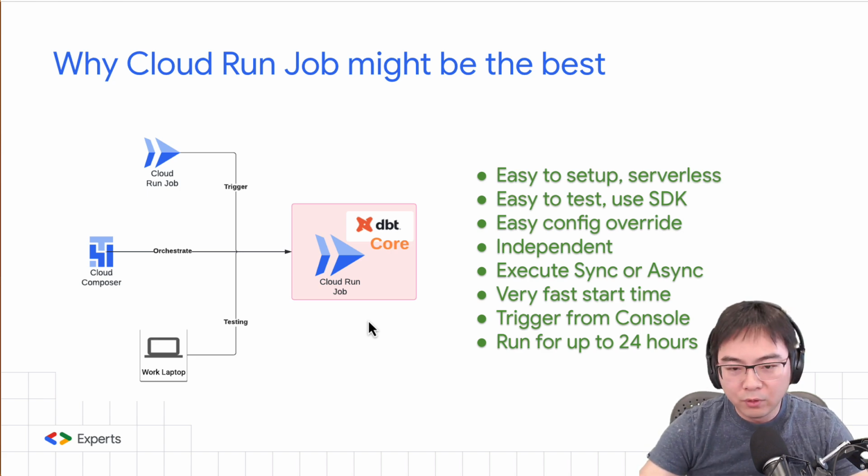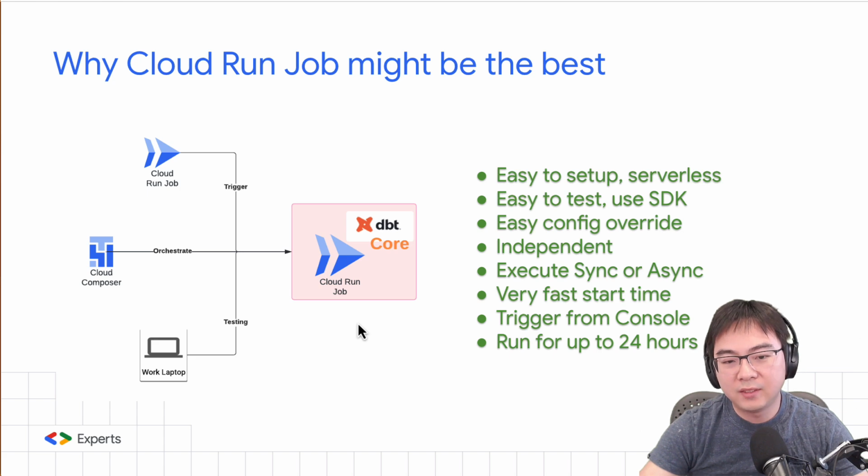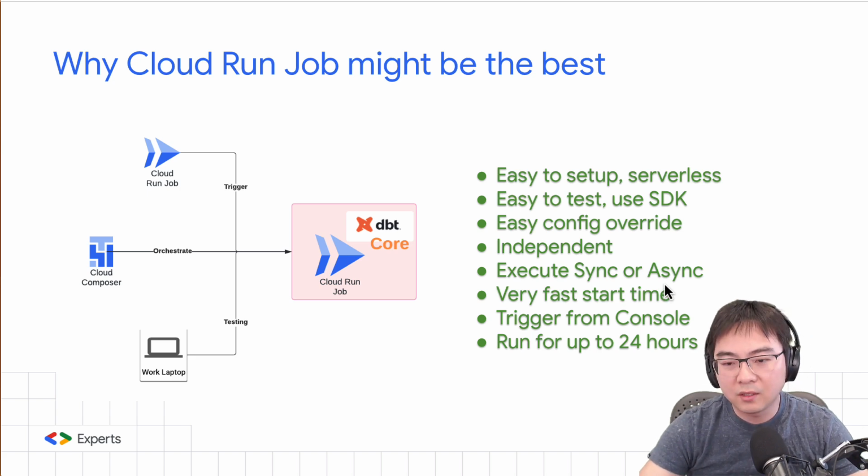But if you do a full refresh, you probably don't want to wait for 1 hour because of resource consumption. Especially if you have Cloud Composer, you're occupying your Cloud Composer resources for, let's say, 1 hour if your full refresh job runs that long. So you can see both the sync and async options are valid depending on how long the job runs and what your use cases are.